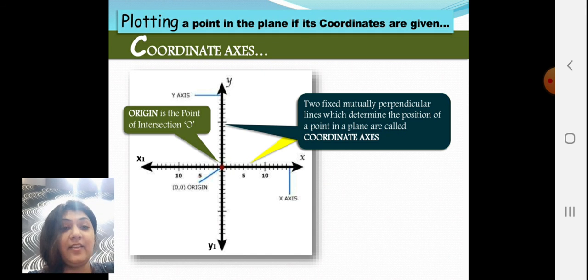So origin is the point of the intersection, that is O. Two fixed mutually perpendicular lines which determine the position of a point in a plane are called the coordinate axes. Here I have used x and y axis. You can see I have also labeled x and y axis. So this way you have to draw in your graph book.